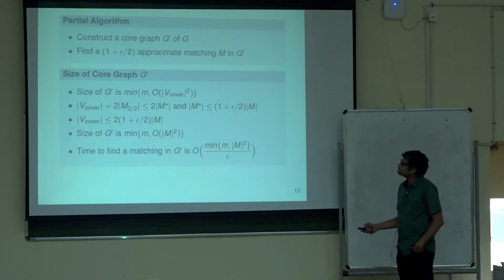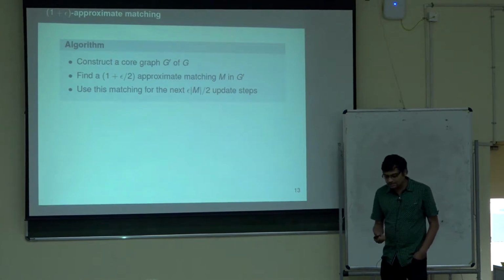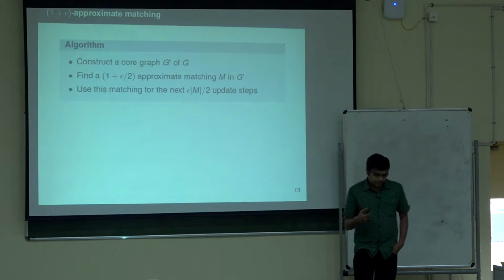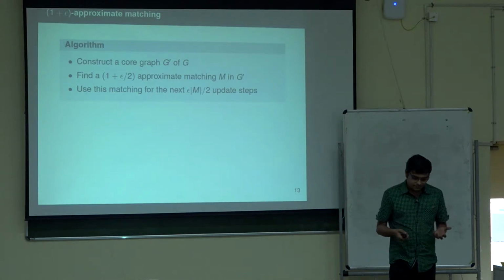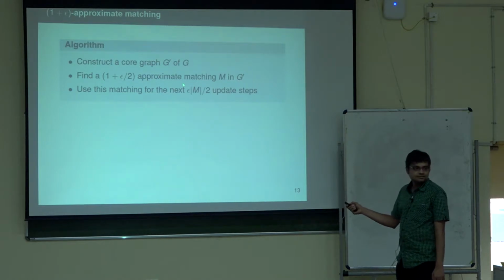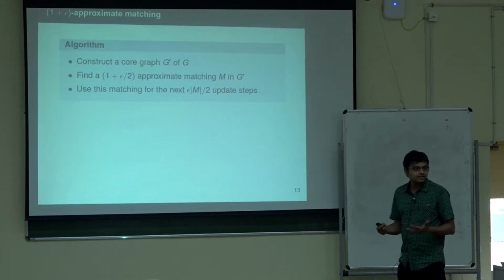Okay, is this fine? And this is my complete algorithm. It's one of the simplest algorithms that you can do in dynamic graph algorithms. This is the first thing that you will try. You compute a very good solution and do nothing for the next few update steps, and try to amortize the running time.